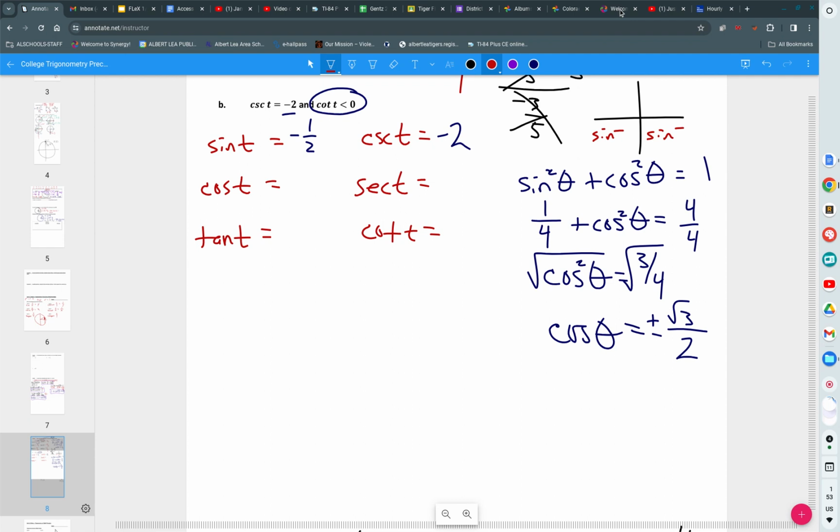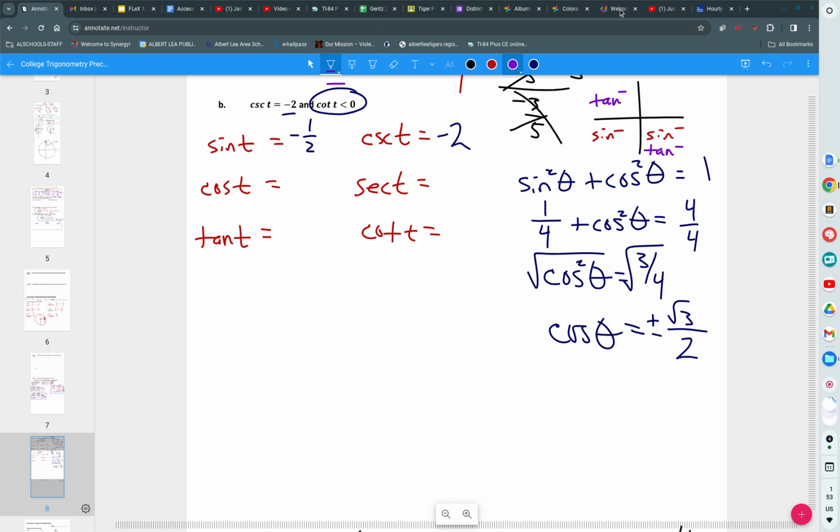Everybody agreed? So then we'll look at our other condition. This says cotangent is less than 0. What does it mean to be less than 0? What kind of numbers are less than 0? Negative numbers. So that means tangent and cotangent are negative. Well, tangent is negative in the 2nd quadrant and in the 4th quadrant. So I have sine and tangent both satisfy their conditions here.